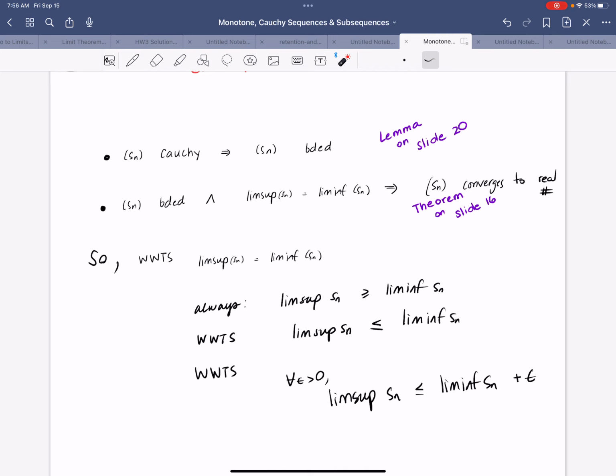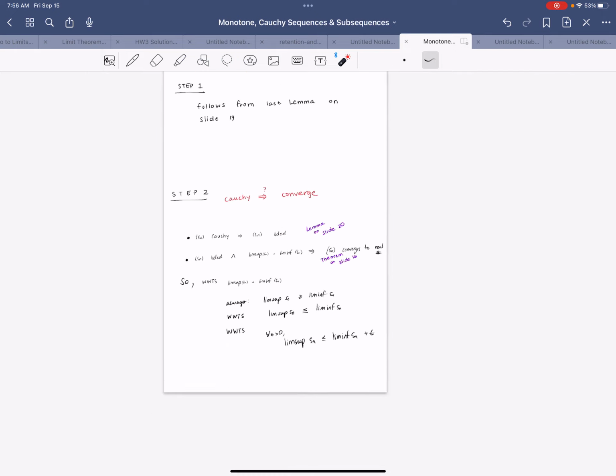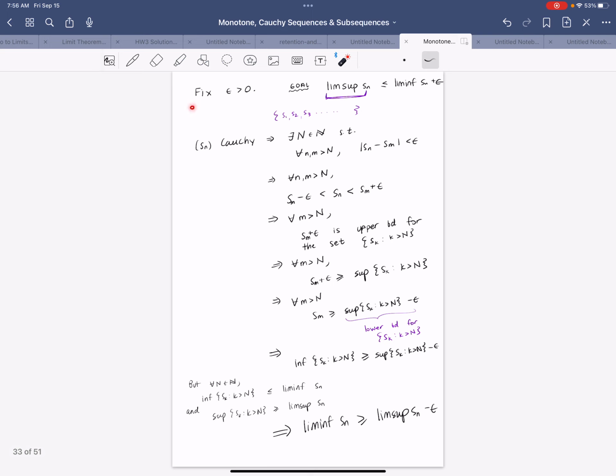And the way we need to do that is to show that lim sup is less than or equal to lim inf plus epsilon for any epsilon greater than 0. So we said fix epsilon greater than 0. Suppose your sequence is Cauchy. Then we can get it so that the terms are close to each other. And by manipulating the epsilons and looking at sups of different sets, we were able to conclude that the lim inf is actually greater than or equal to the lim sup minus epsilon. Okay?